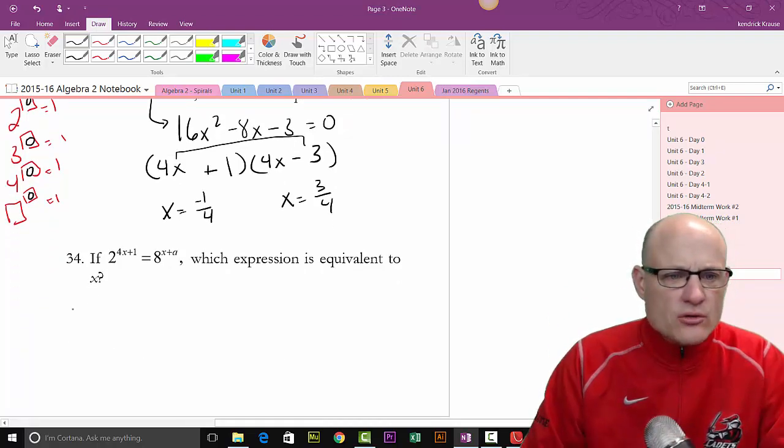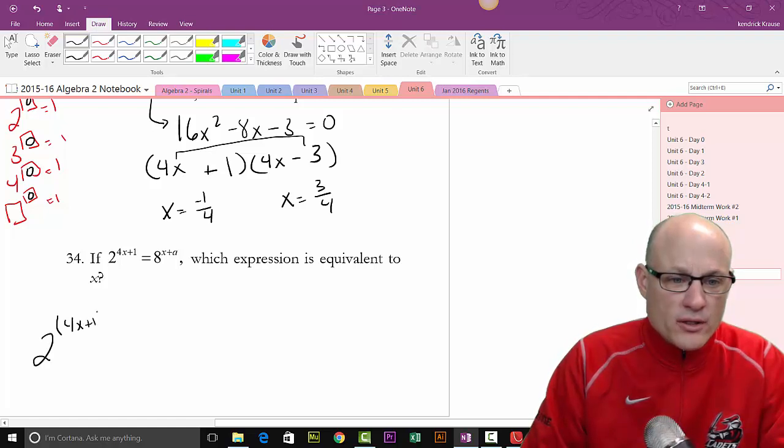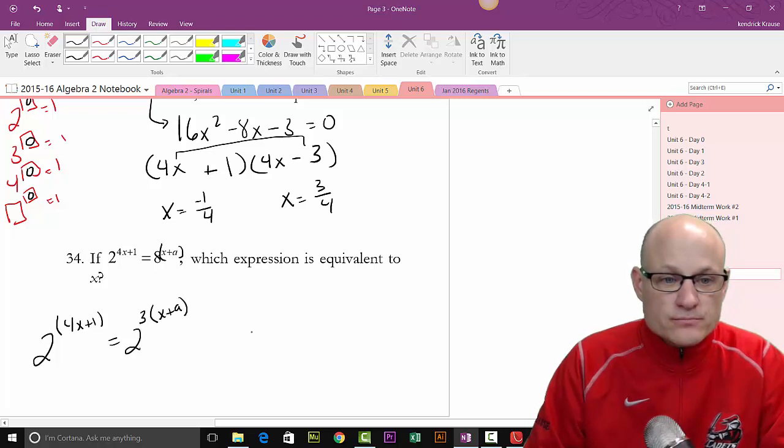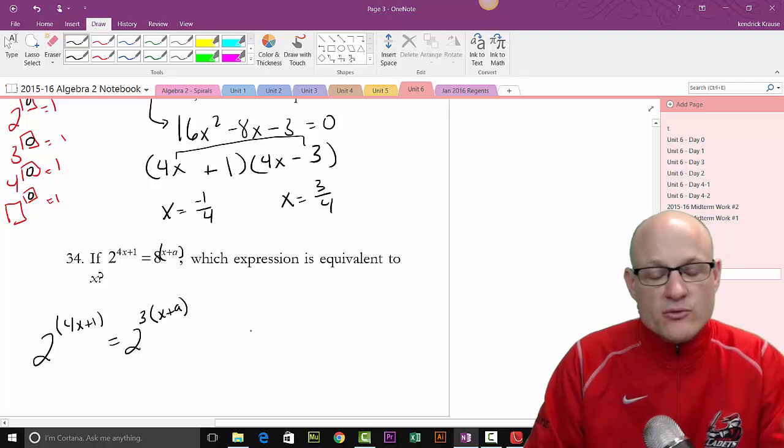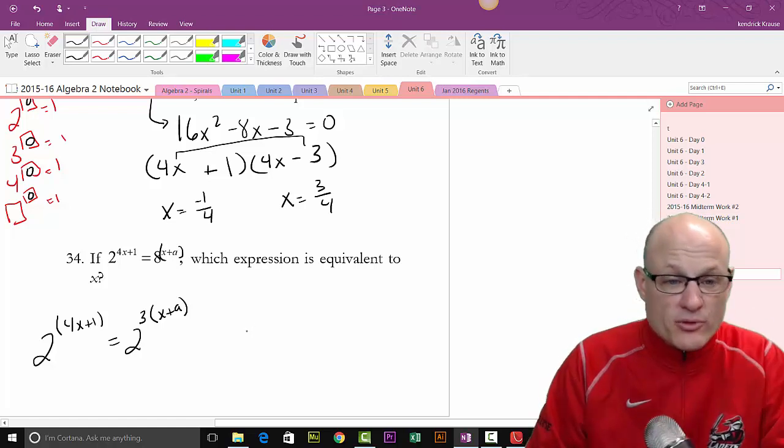All right, so 2 to the 4x plus 1 is equal to 2 cubed to the x plus a. Oh, this was supposed to be multiple choice. I wonder what happened to the multiple choice answer.